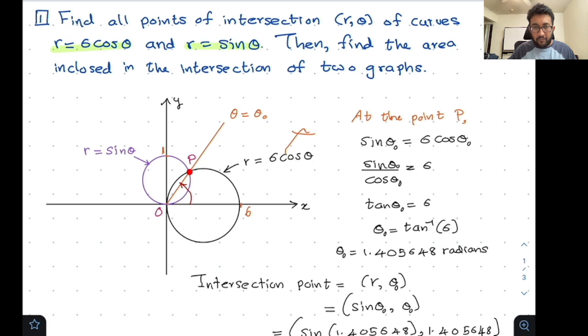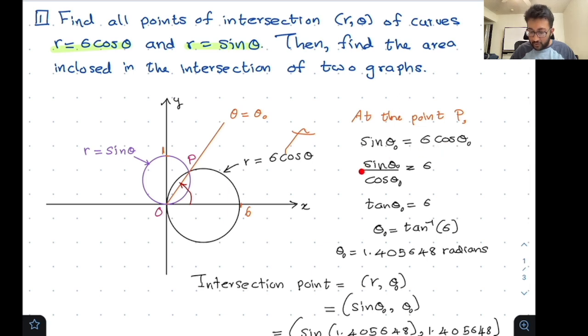At point P, you will get the same r value from this function and this function, right? Therefore at the point P, I can say that sine theta naught is going to be equal to 6 cosine theta naught, right?